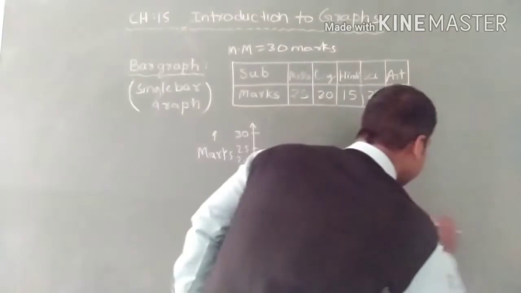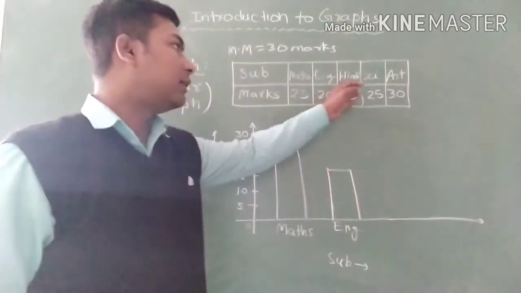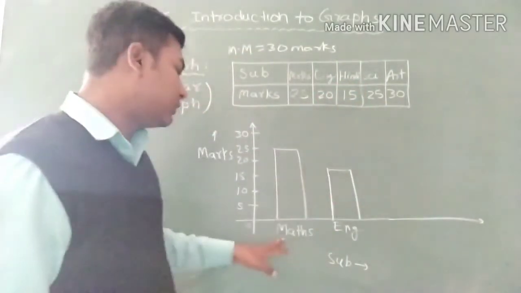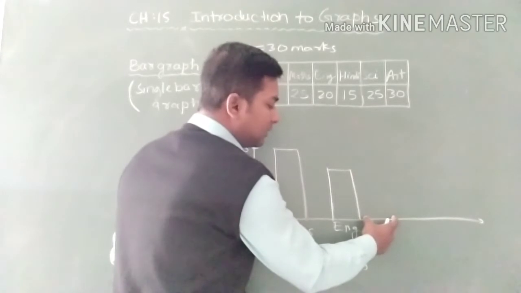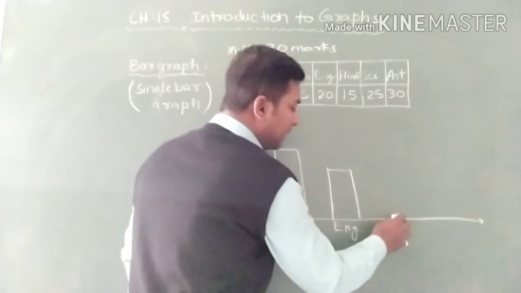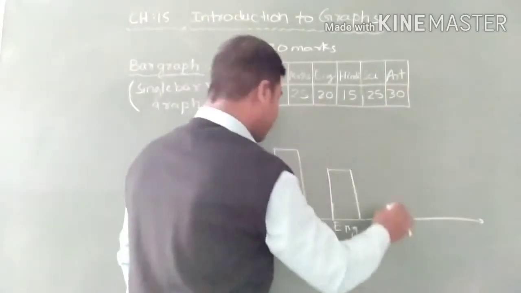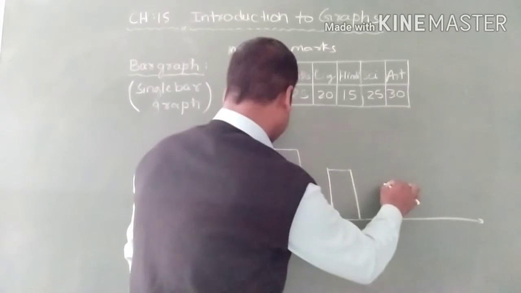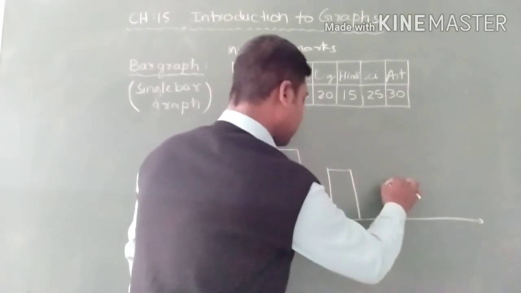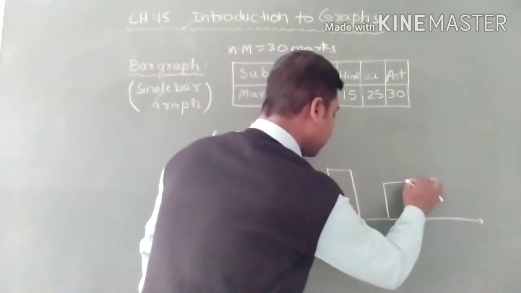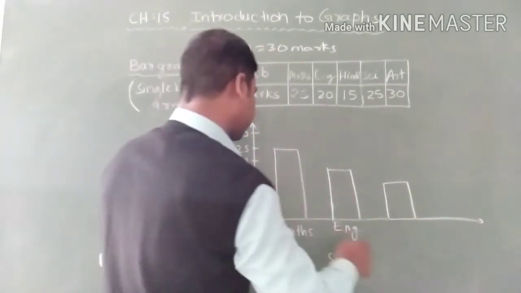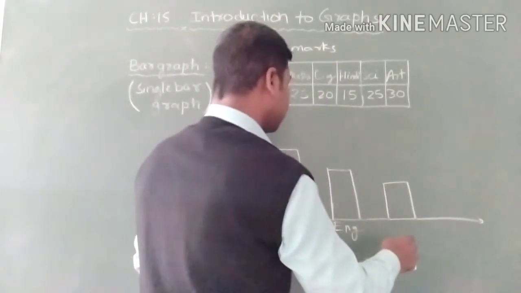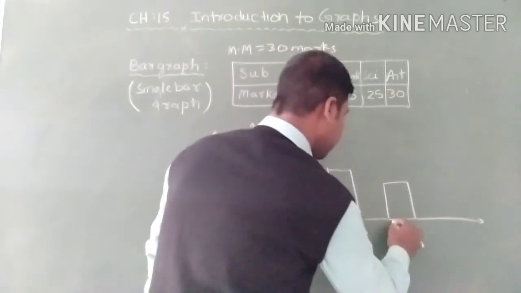Similarly, Hindi has 15 marks. Leave a space the size of a bar, and then draw a bar up to 15. This is the Hindi subject.